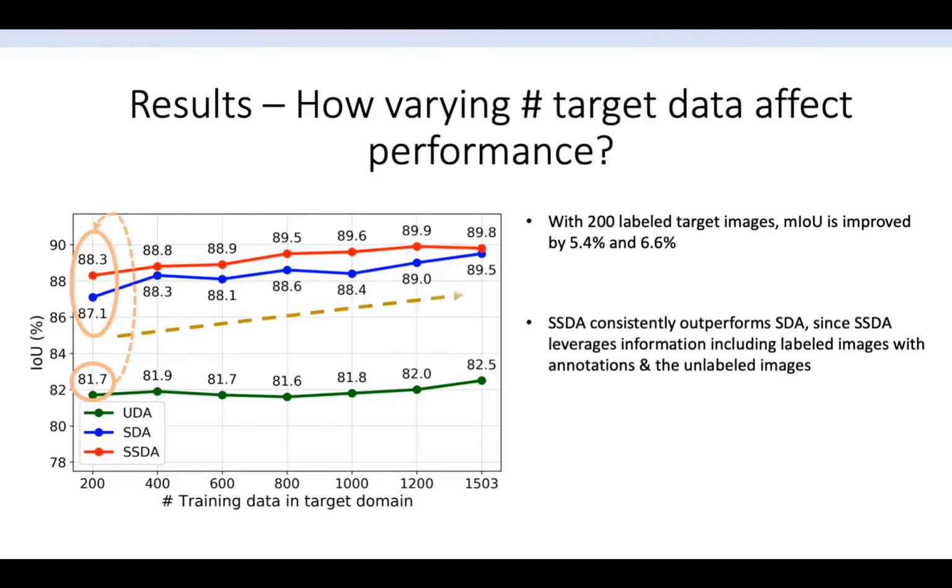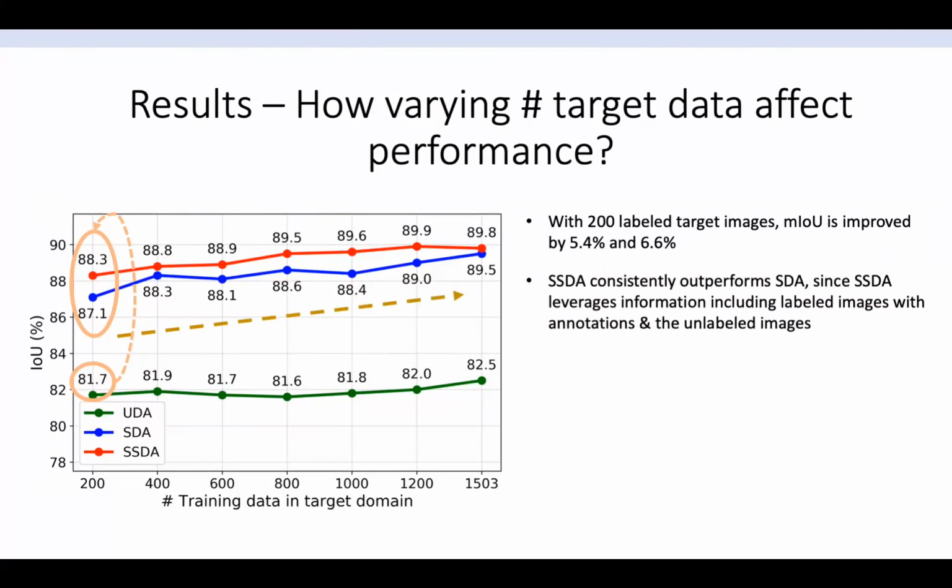SSDA consistently outperforms SDA, since it's able to leverage the most available information. The gain in performance for SSDA relative to SDA is brought about by the addition of adversarial loss and the semi-supervised loss from unlabeled target data.